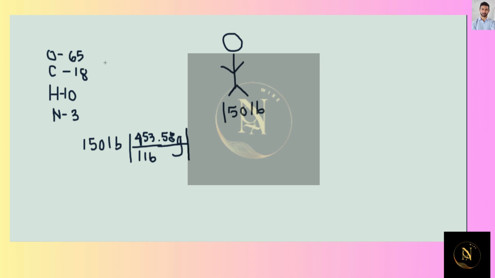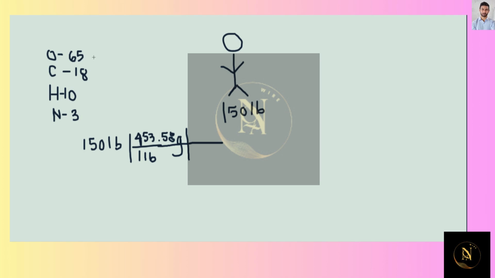We also know that we've got to get from grams to moles in order to eventually convert the moles to atoms. So we're going to use the molar mass of all of these combined. We know that all of these elements are diatomic, which means in their natural state, there's always going to be two.